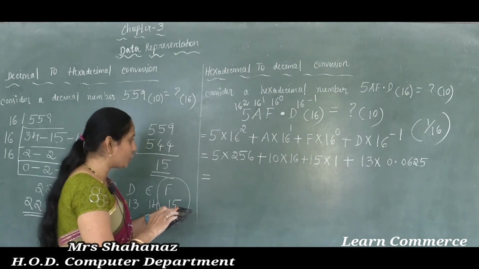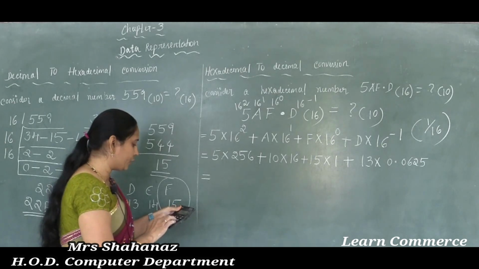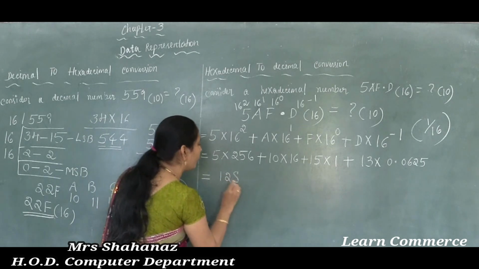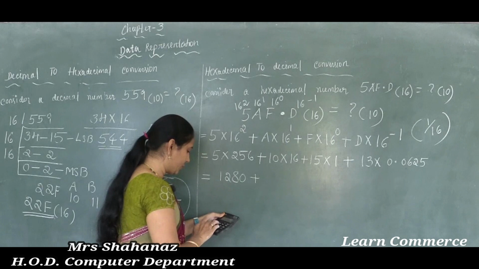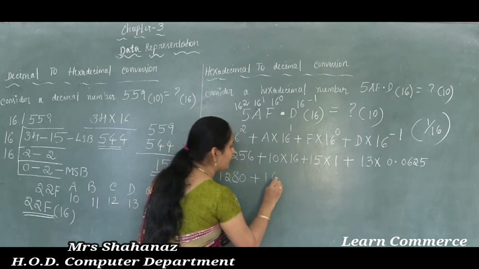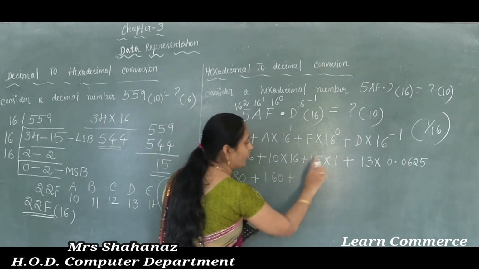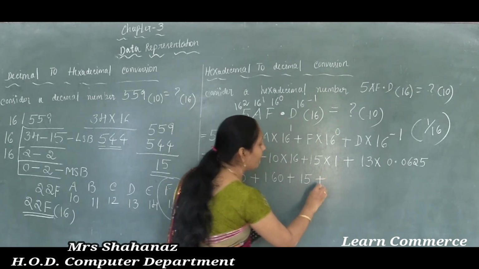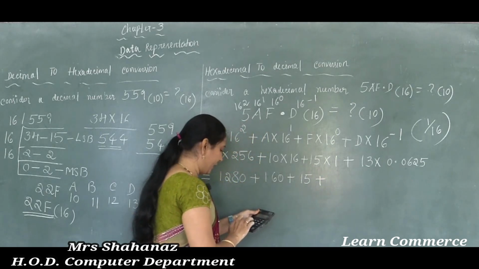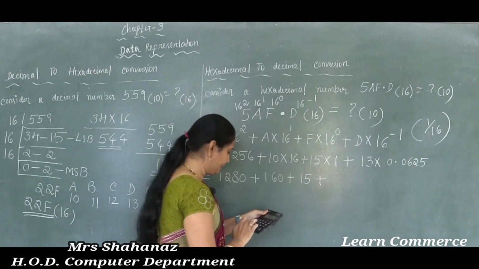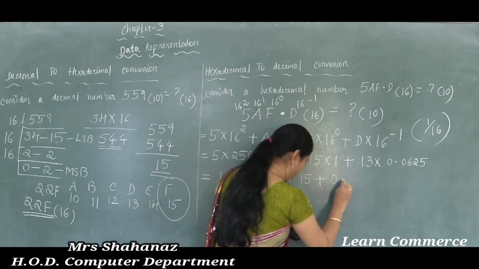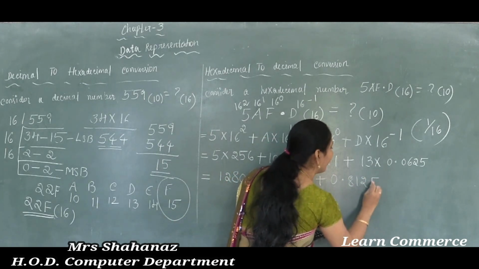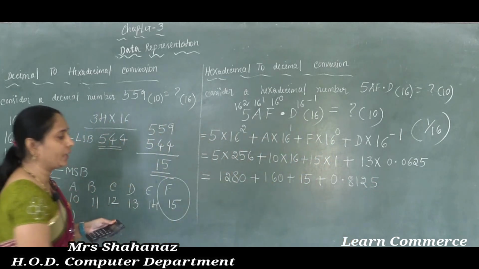So 5 into 256, the value is 1280, plus the next value 10 into 16, as we know the value is 160, plus 15 into 1, no problem, the value is 15, and when you multiply 13 into 0.0625 the value is 0.8125.